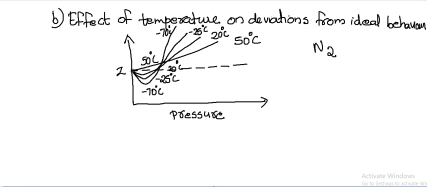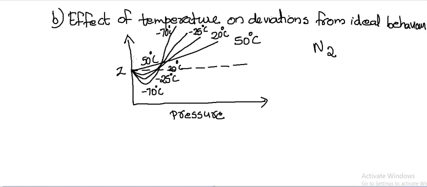That is the small pressure range in which Z value equals 1 and there is no dip in the curve. Within this range of pressure, Boyle's law is obeyed at that temperature.